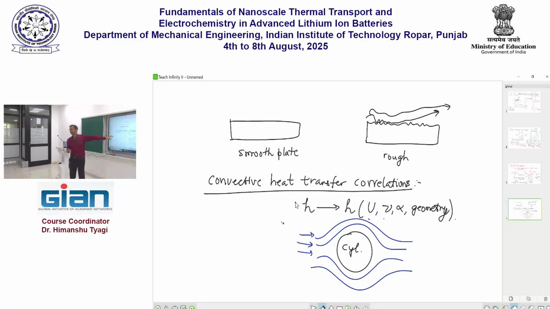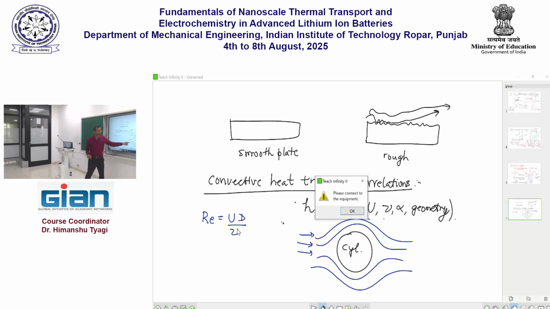In this world, in fact, we commonly use non-dimensional numbers. And those of you who have taken a class in heat transfer or fluid mechanics will know that one of the most common non-dimensional numbers here is the Reynolds number, which is given by ud over nu. U is the velocity, d is the diameter of the cylinder, and nu is the viscosity of the air that blows over it.